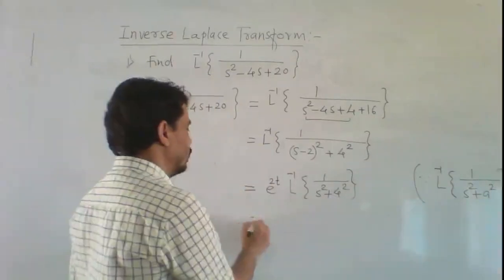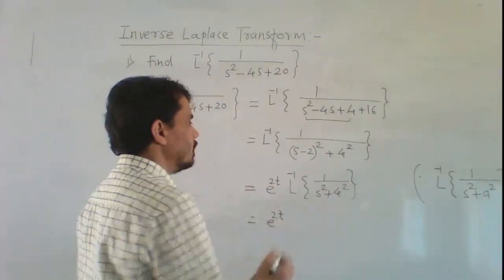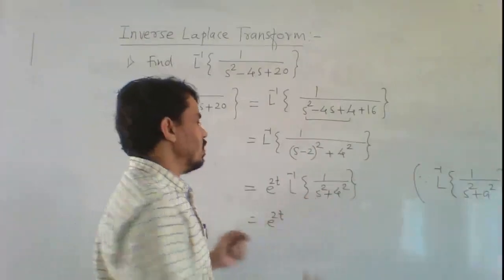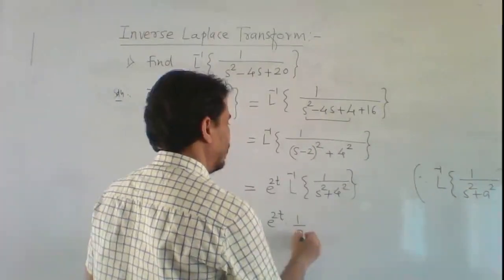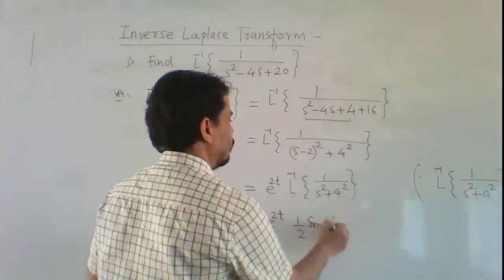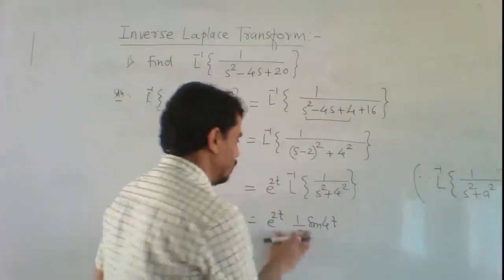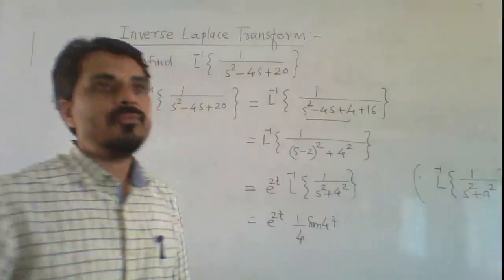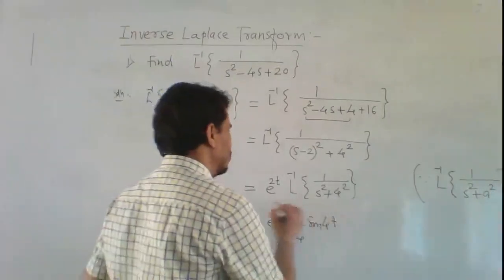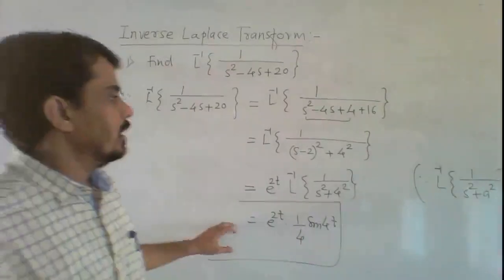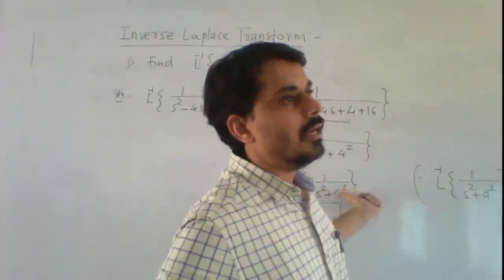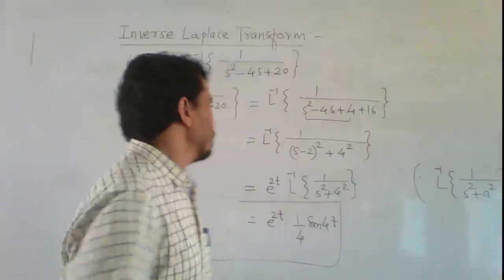So it is equal to e raised to the power 2t times the inverse Laplace transform, which by that formula is 1 by 4 sin 4t. So this is the inverse Laplace transform of the given function, by applying the shifting property and that formula.